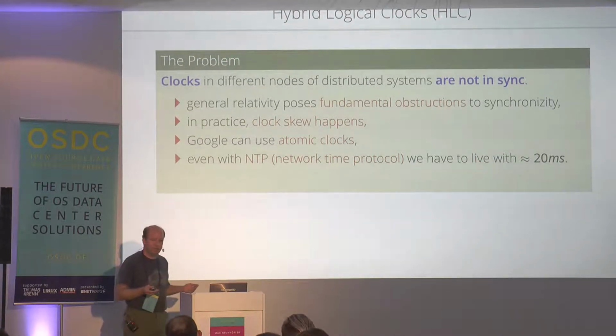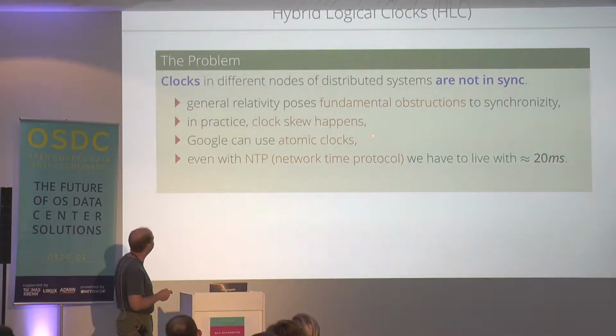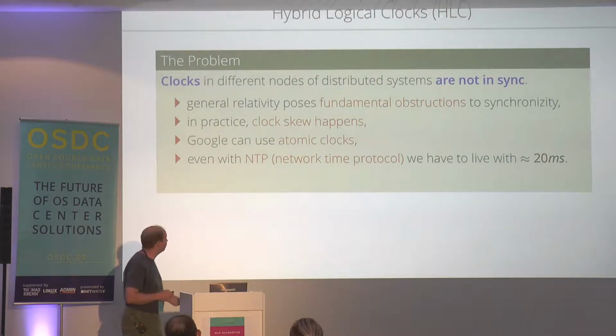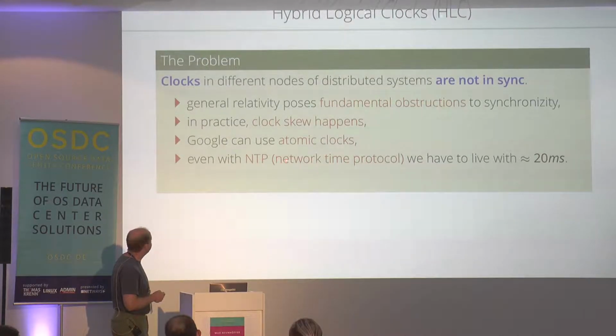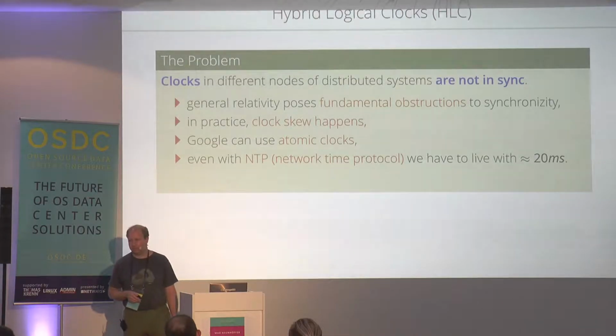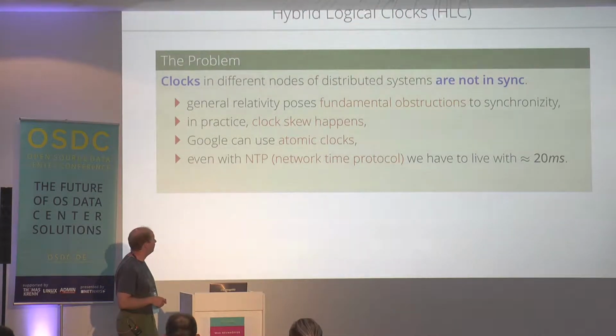First of all, there is general relativity and fundamental problems with syncing clocks, but that's not what we are talking about here usually. That's probably a problem for Google with their atomic clocks, but not for us. But in practice, clock skew happens because we don't have access to atomic clocks. And even if we use network time protocol, we have to live with something like 20 milliseconds or so between computers in the same rack or same data center.